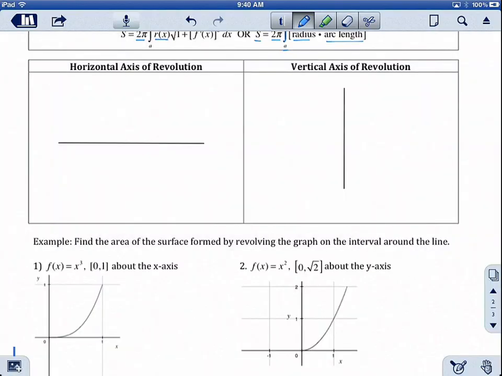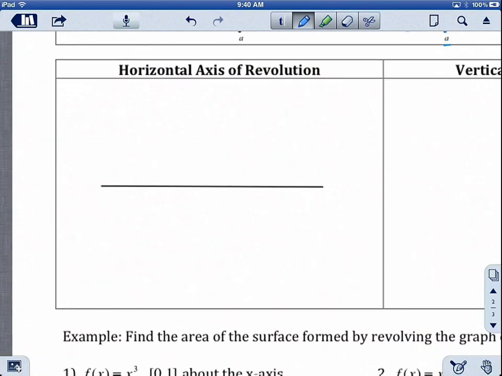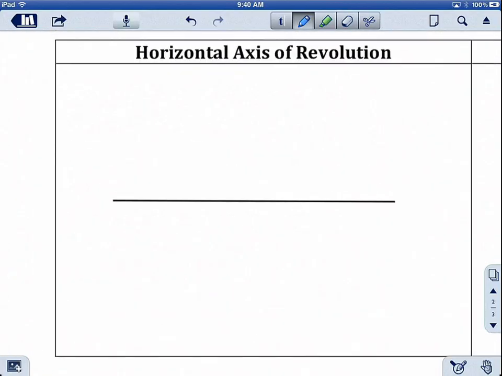Now again, we could also have horizontal or vertical axes of revolution. So let's take a look at a horizontal axis of revolution. So let's just draw any function here. And let's just say that we're revolving this around the horizontal axis. So let's get an image of what that would look like.